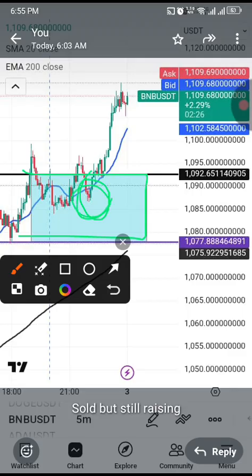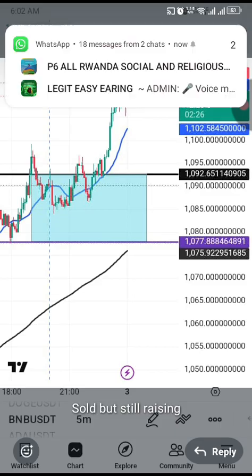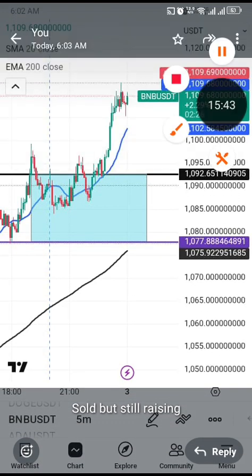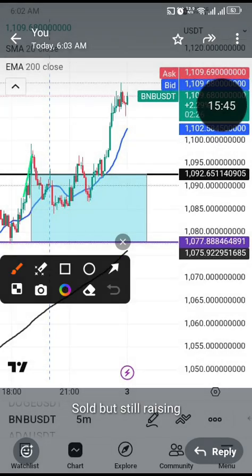This is where you can see that the market went all the way down. Then the market tried to deceive. Then I entered here.